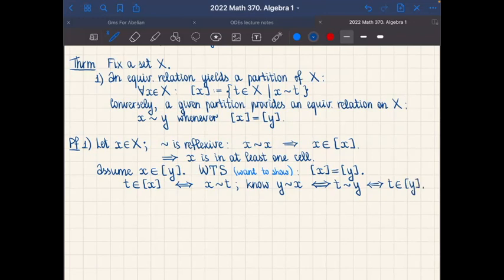So we showed that any element lies in the cell of x if and only if it lies in the cell of y. So these two sets coincide. So x is in exactly one cell.